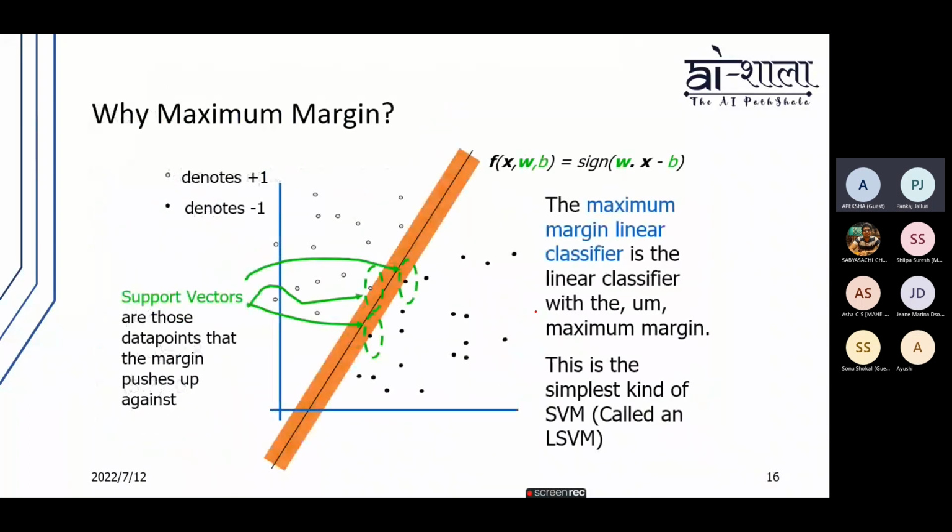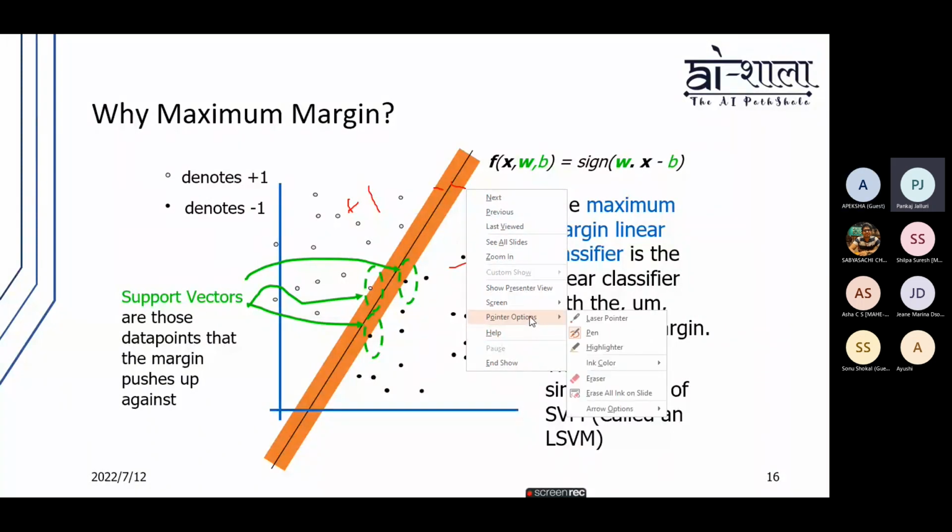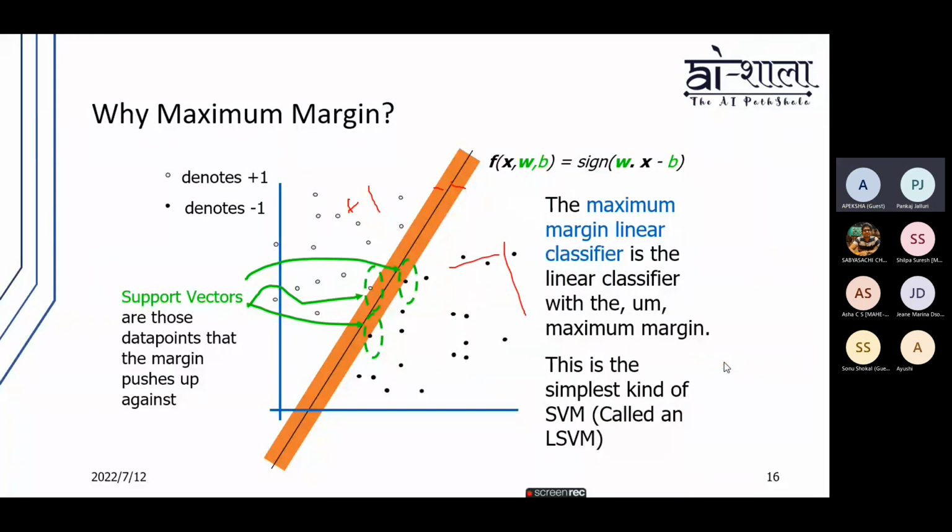If you see over here, this is the margin: this plus this. These two are basically the distances. So this is called the functional margin.